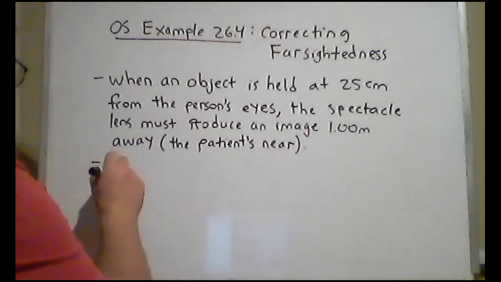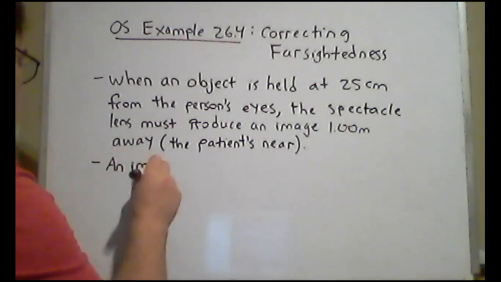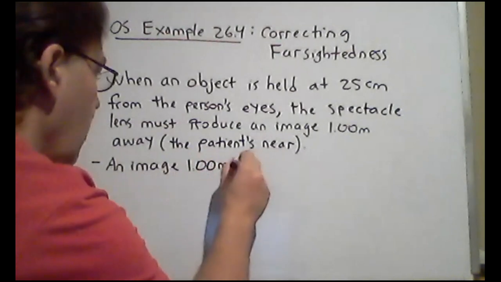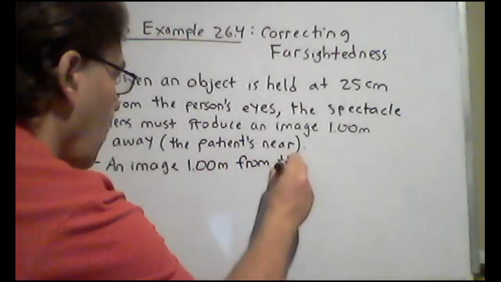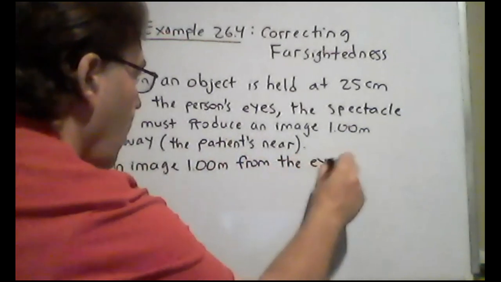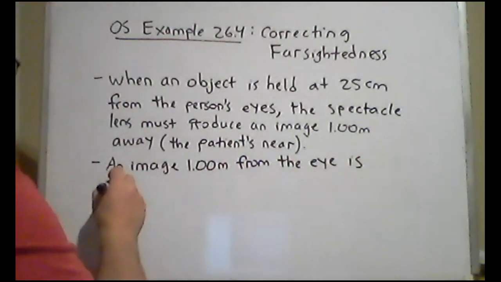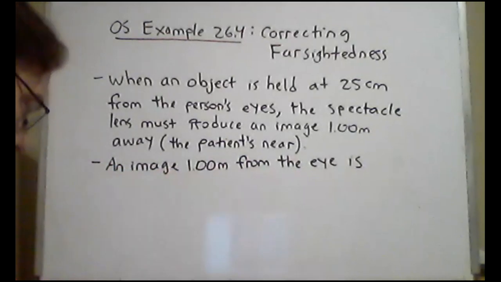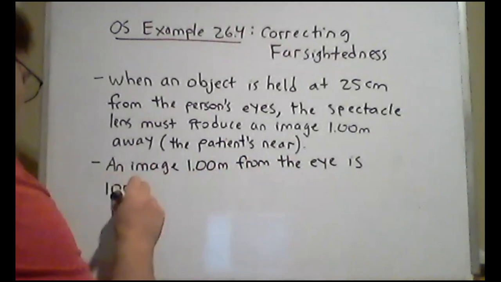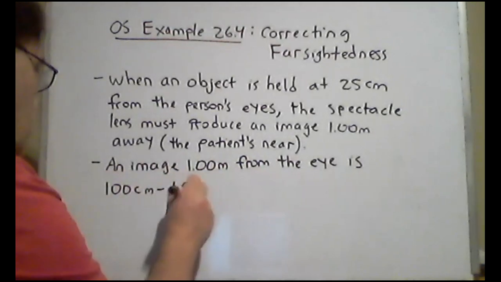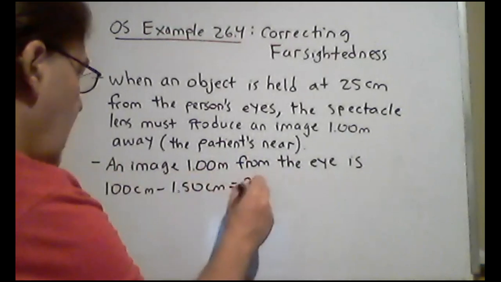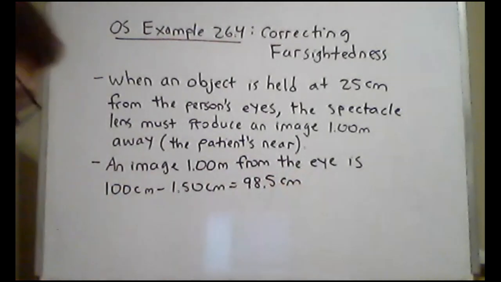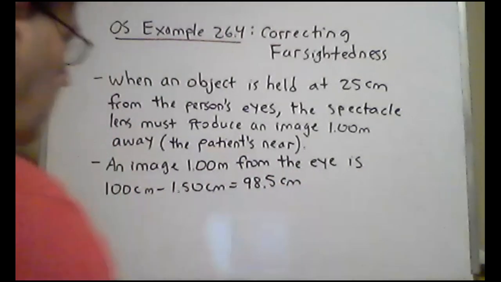An image 1 meter from the eye is, let's see, 100 centimeters minus 1.50 centimeters, or 98.5 centimeters from the eyeglass, from the spectacle lens, right?